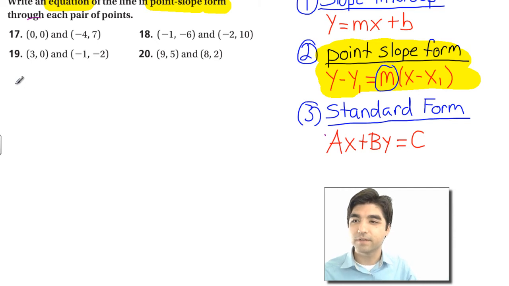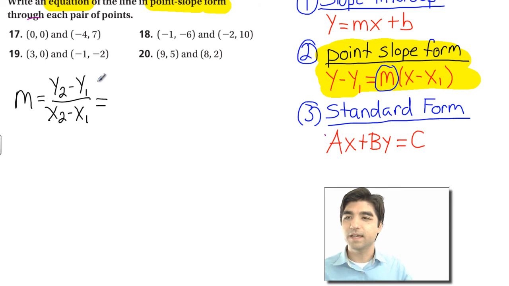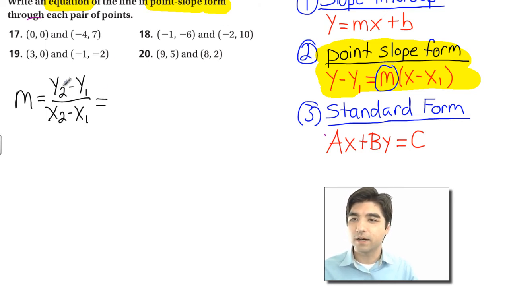So we have, find the slope first, so m equals y2 minus y1 all over x2 minus x1. That equals our y2, which is -2, minus y1, which is 0, and then the x2, which is -1, minus our 3.